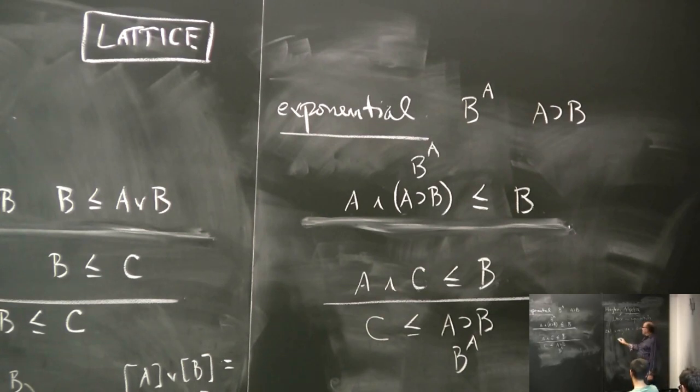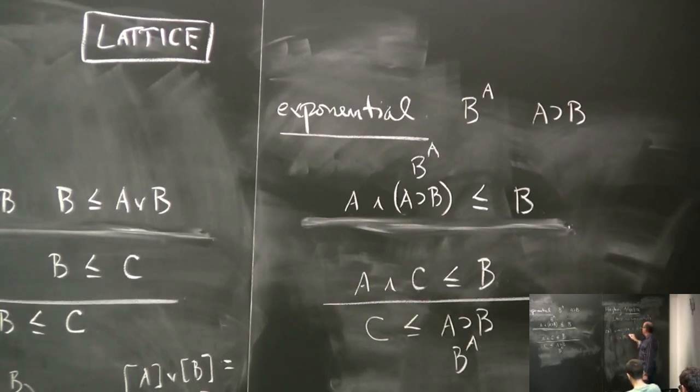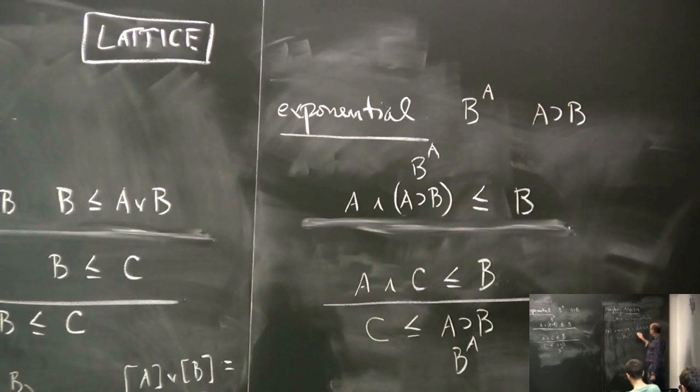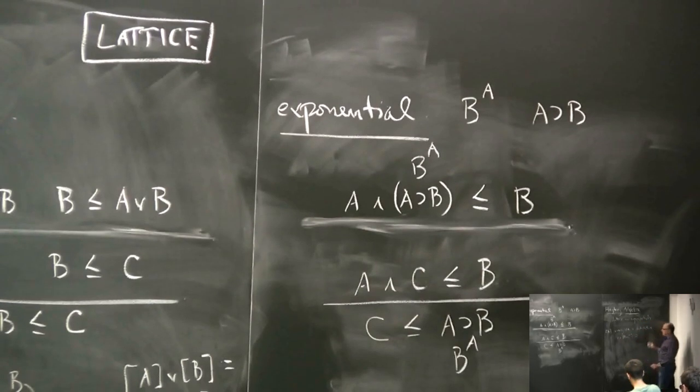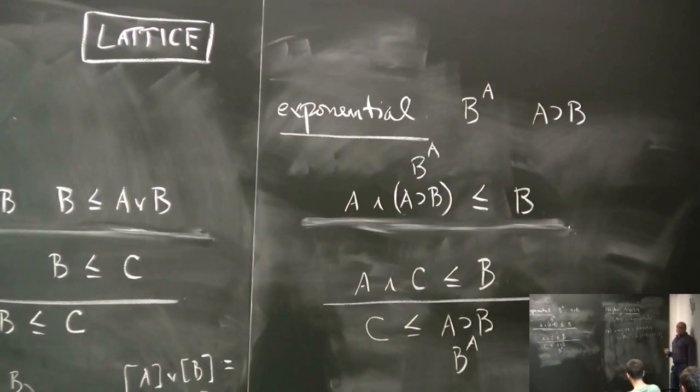Distributive means that if I have A and (B or C), then that is equivalent to (A and B) or (A and C). This is trickier to prove than you think, and it's a very good exercise.